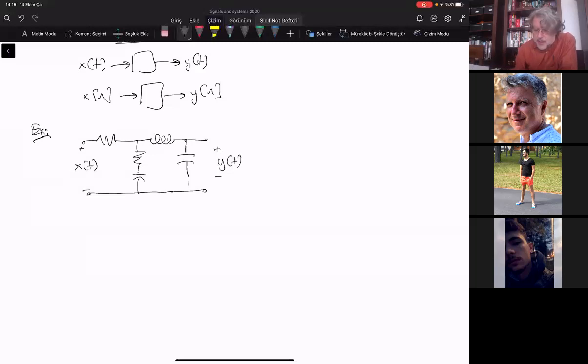But don't fix your minds to this kind of a system only, because systems are very general things where you must have an observation. For instance, the algorithm that runs through a computer could also be considered as a system.